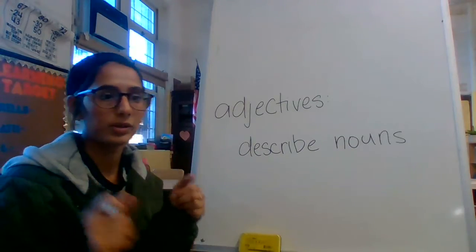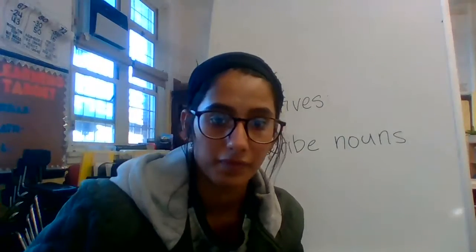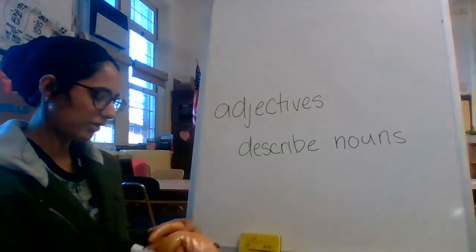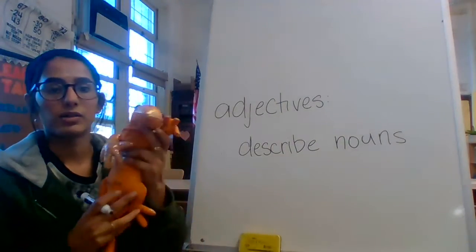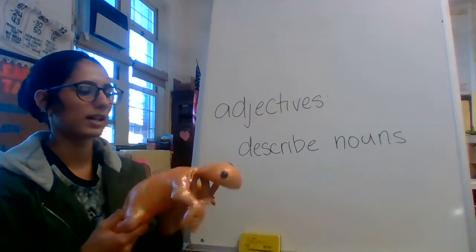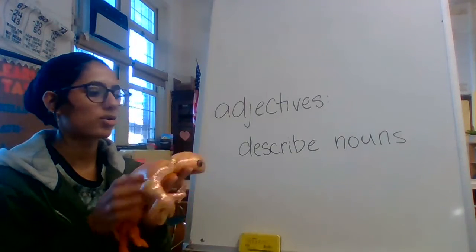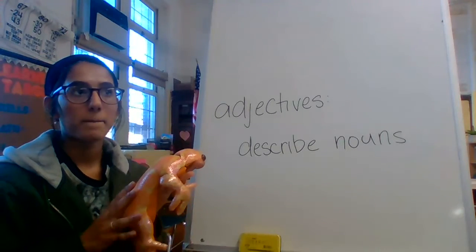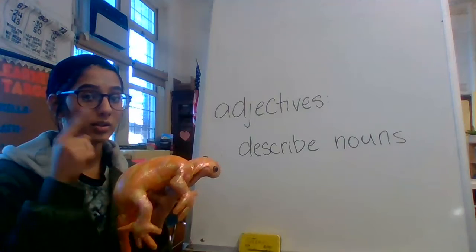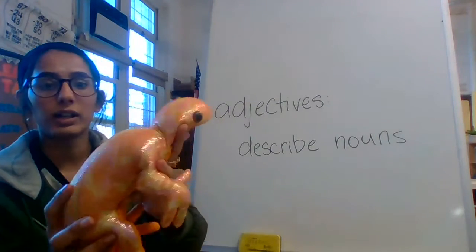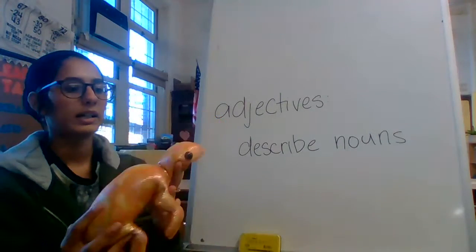So for example, here, let me bring up my little friend over here. So I have my salamander, which Jake actually used last year. So I would describe this by saying that it looks shiny, right? Looks a little shiny.